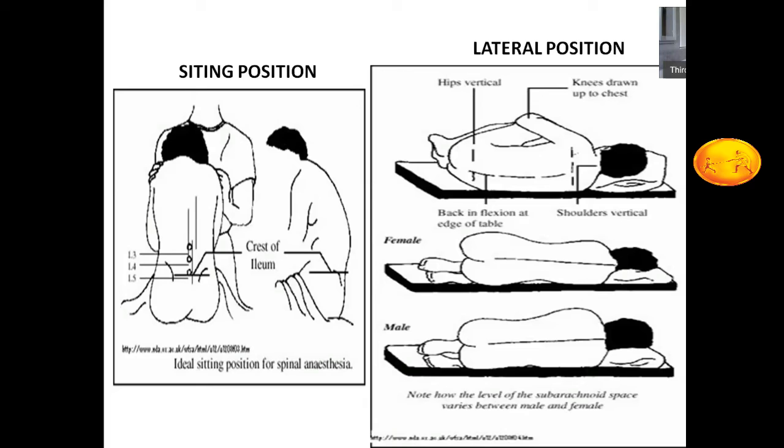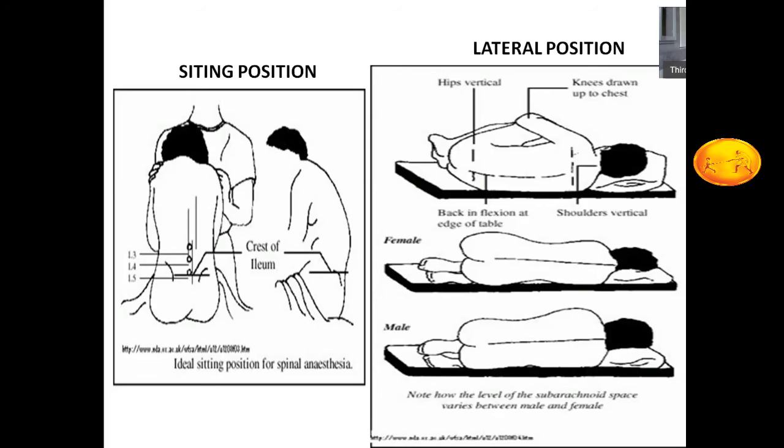For giving the proper spinal anesthesia, either you will have to put the patient into the sitting position or the lateral position. Whenever you are giving the lateral position, see that the spinal column is in a straight line.